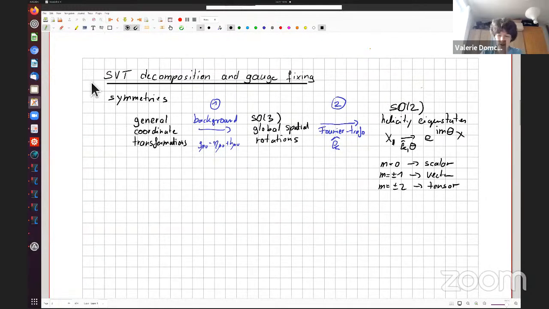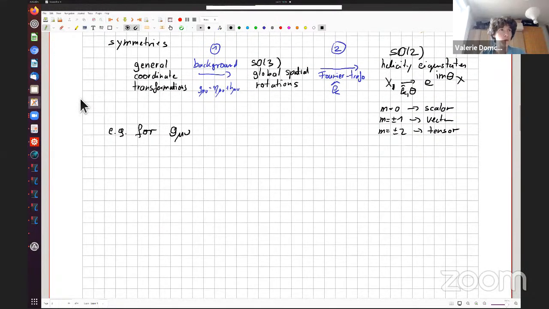So let's do this concretely, because what we're actually interested in is, say, this g mu nu object, or the h mu nu object, one of both. So for g mu nu, we can write g00, g0i, gi0, gij, where i and j run over all spatial indices from 1 to 3.